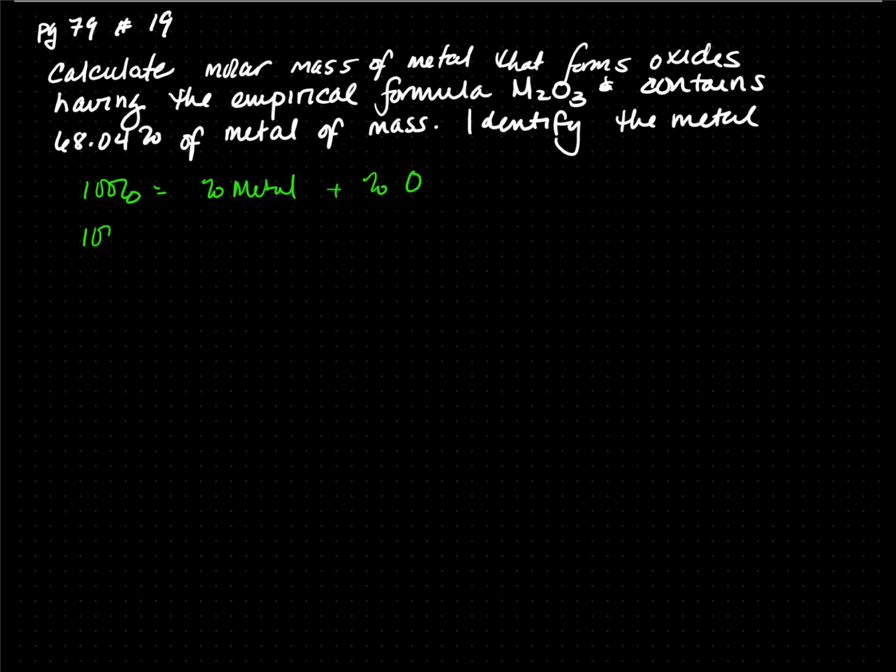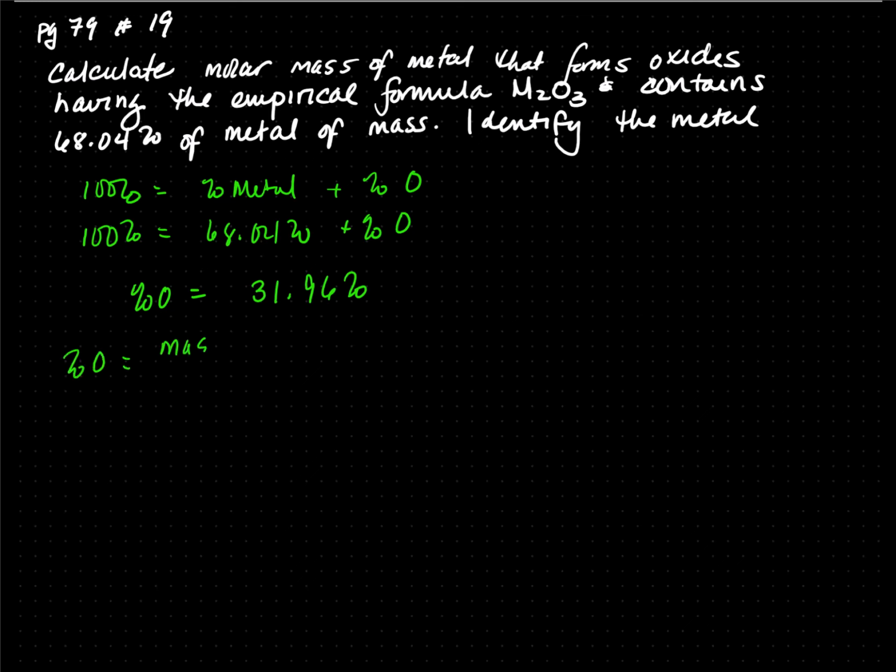Since we know that the metal is 68.04%, we can find the percent of the oxygen by rearranging. Percent of the oxygen equals 31.96%.